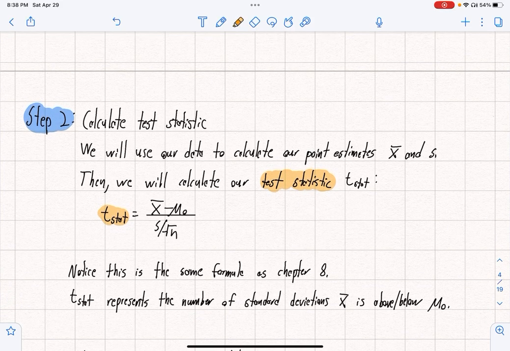And if you recall, our interpretation of what this number means is the number of standard deviations x bar is above or below our hypothesized value, mu naught. We have this hypothesized value from the question of interest, and we're seeing how far away x bar is from that value, and the t-statistic tells us how many standard deviations away x bar is from mu naught.